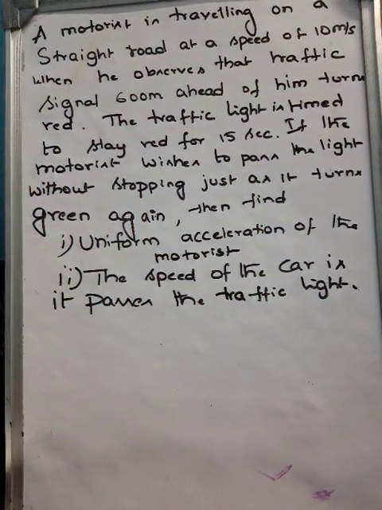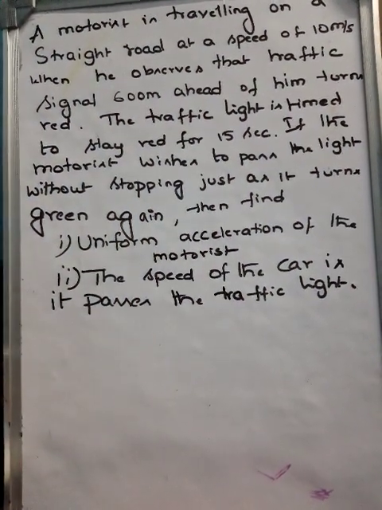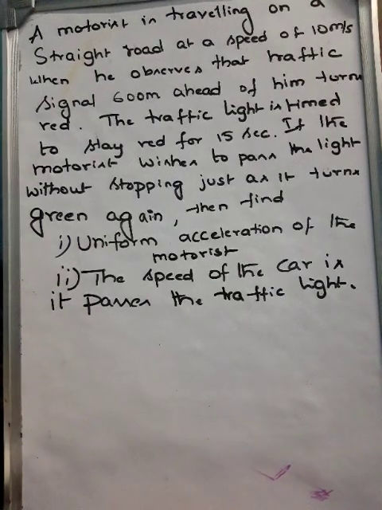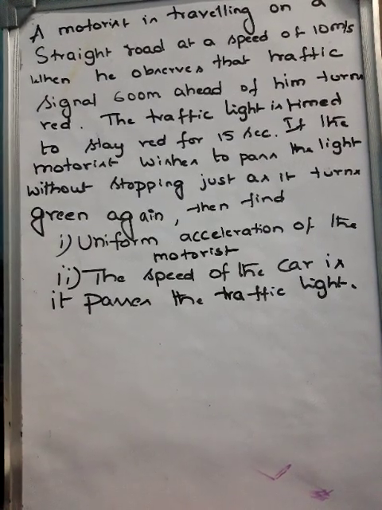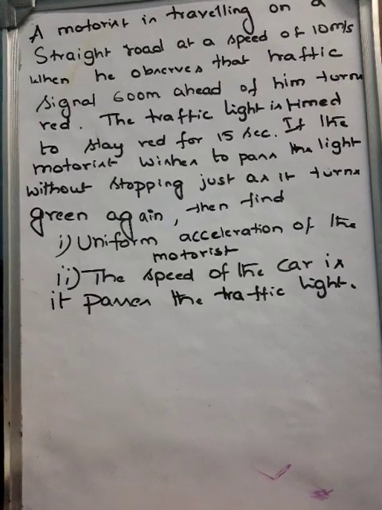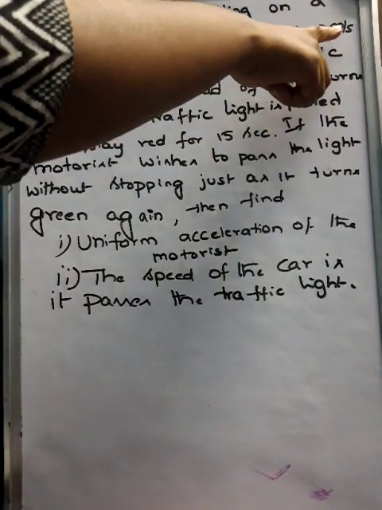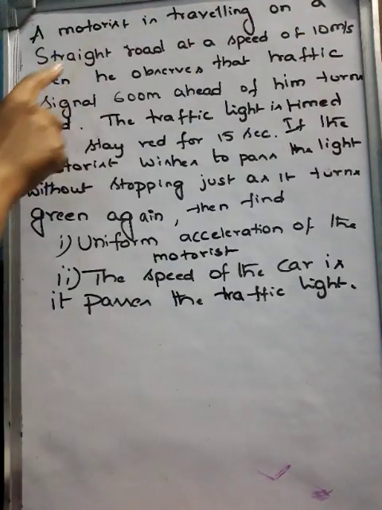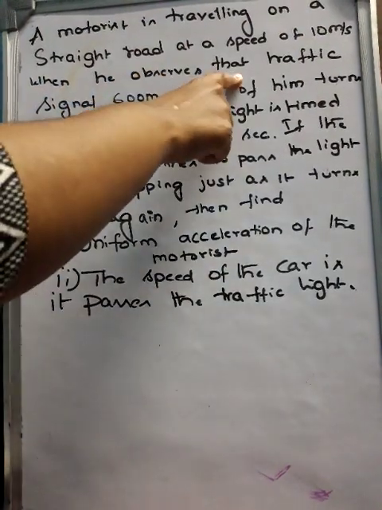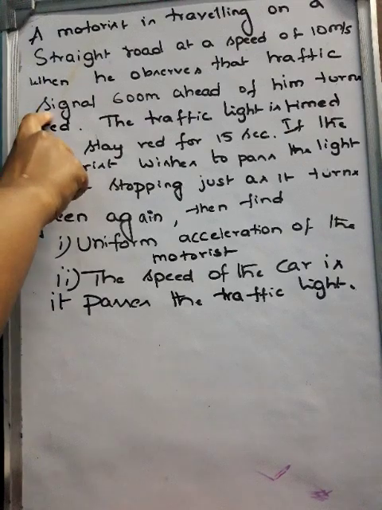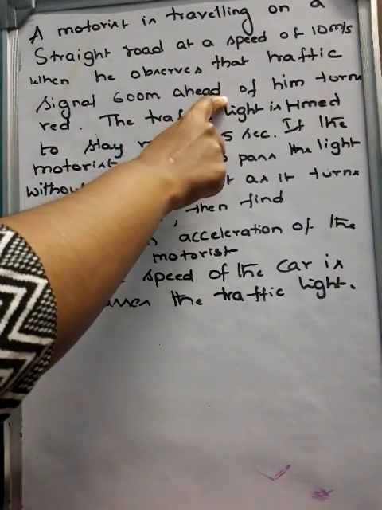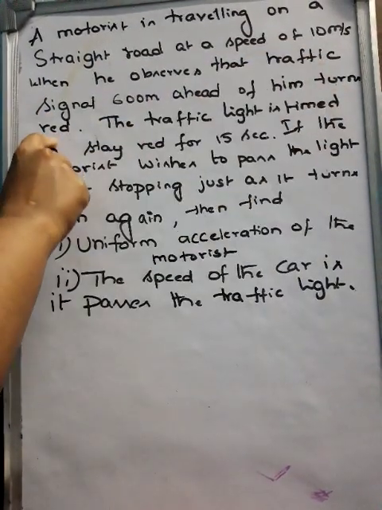Hello everyone. So today we are going to do one more problem on rectilinear motion. In this problem, a motorist is traveling on a straight road at a speed of 10 meter per second, when he observes that the traffic signal 600 meter ahead of him turns red.